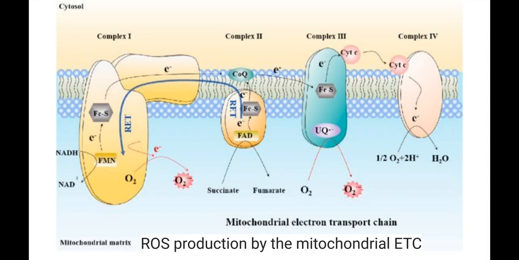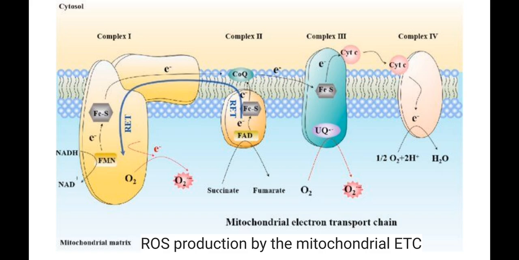So you see this is a schematic presentation of the electron transfer chain. With complex 1 and complex 2, beta-oxidation can supply electrons directly to complex 2, but complex 1 generates a lot of reactive oxygen species.